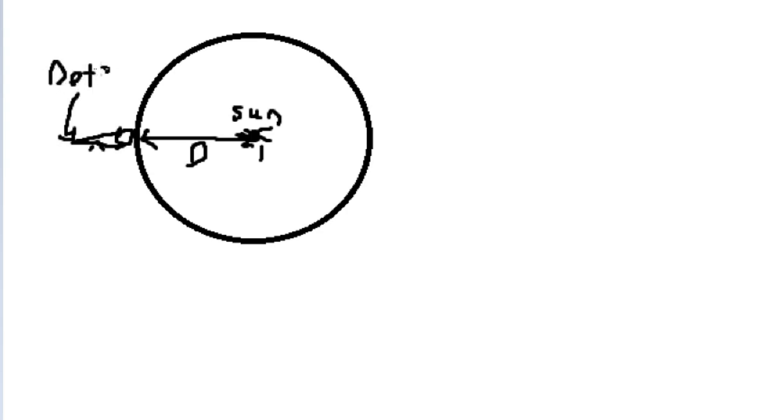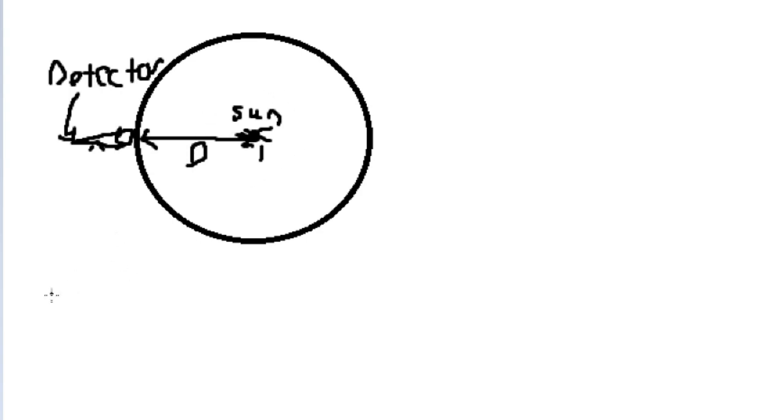So what's the other way we can do this? Using flux. So if I were to draw another circle, and this time I'll put the sun in the center. And the sun, it was giving off lots of light, obviously, right? So we could define the distance between the sun and, let's say, a telescope on Earth with a detector at the back. And this length would be d.